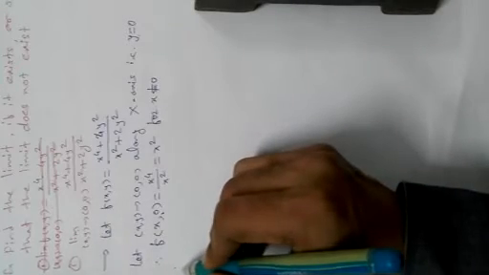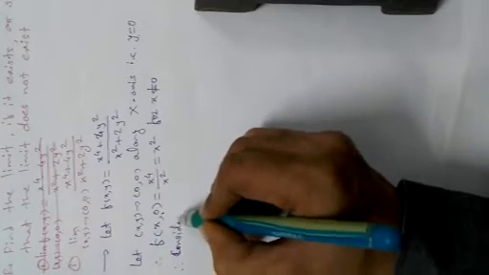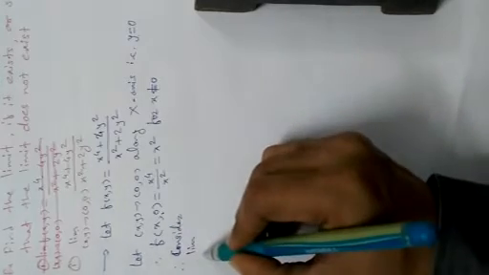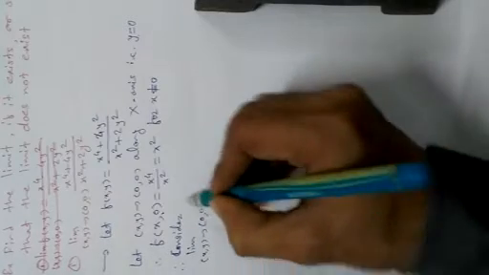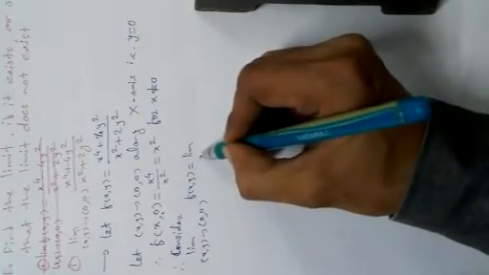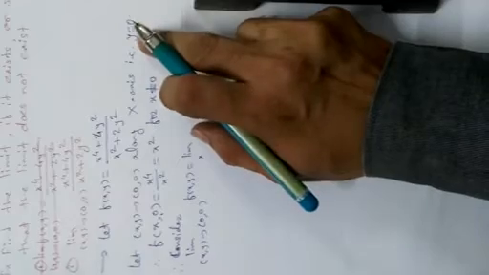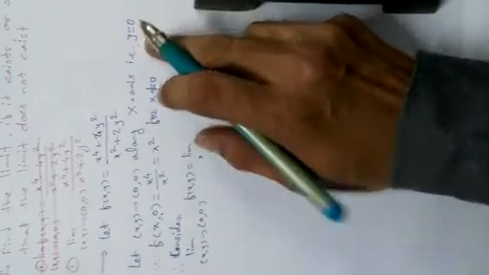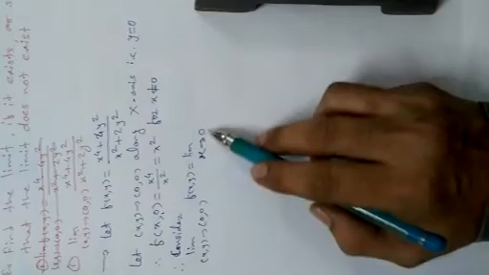Now consider the limit of f(x,y) as (x,y) tends to (0,0). As we have put y equal to 0, we get the function in terms of x only. Therefore the limit becomes as x tends to 0.